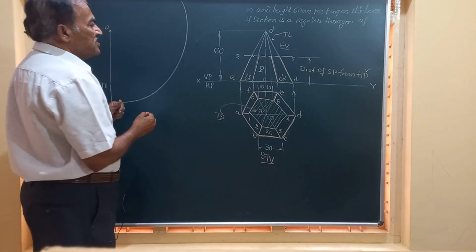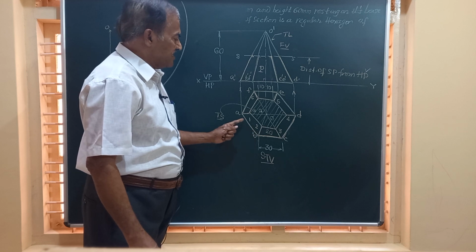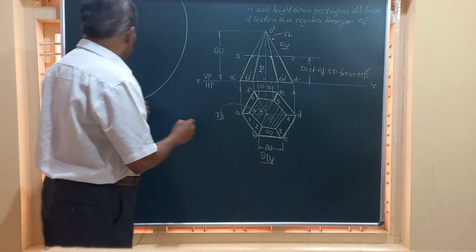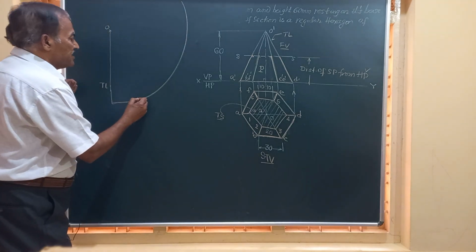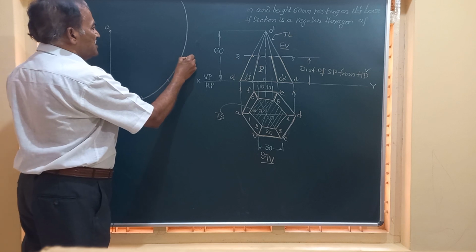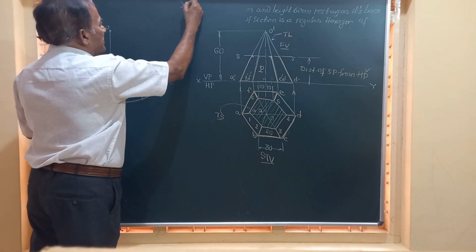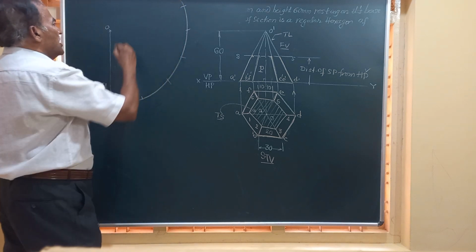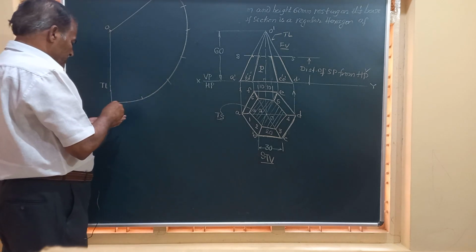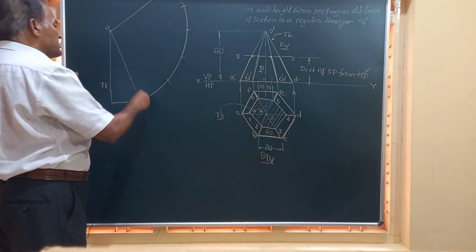And friends, on this arc, I am going to step off six sides AB, BC, CD, etc., each having 30 millimeter. So starting from here, this is 30, second 30, third 4, 5, and this is 6. And we will join this together. And I am also going to join all these points by straight lines.